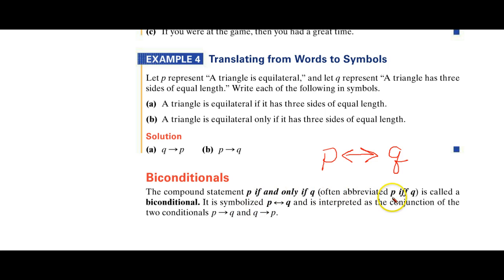It's sometimes abbreviated this way, an "if" with an additional F. All right, we're learning some symbolism here.